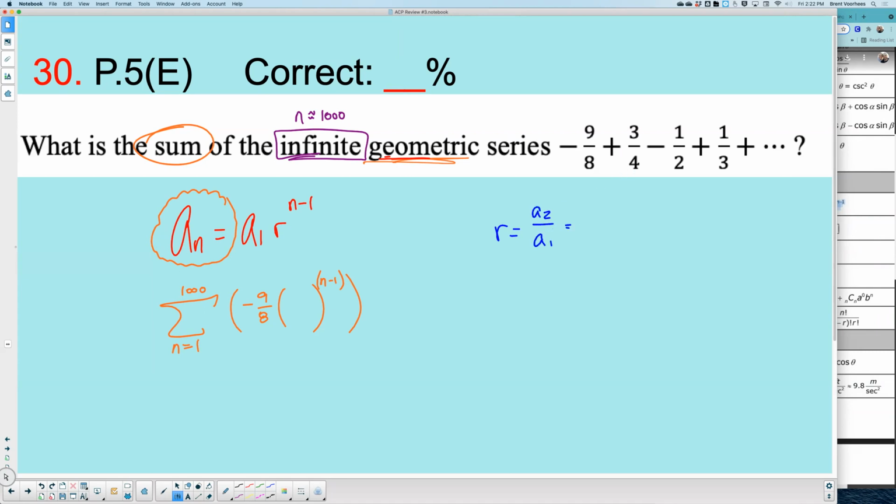To find that R, go to your calculator. I would use a parenthesis and say 3/4, like this, divided by, and do a parenthesis around that to make sure the division works right, because it's a fraction divided by a fraction, which is weird, and you want to make sure the calculator does this right.